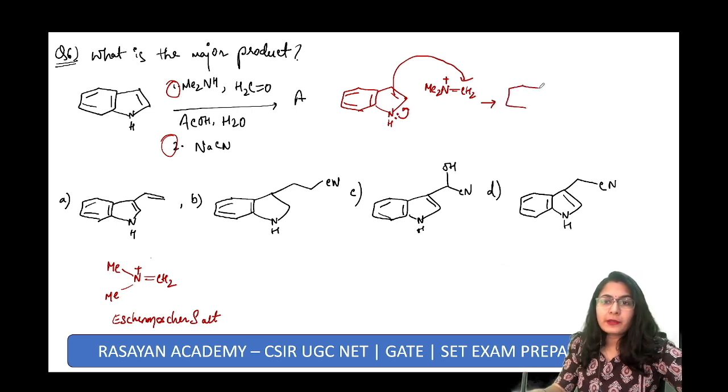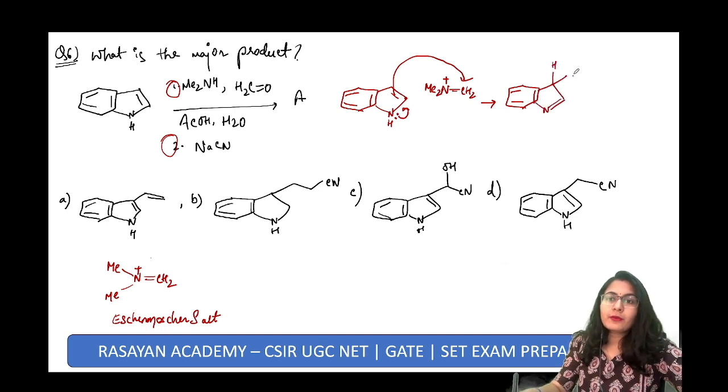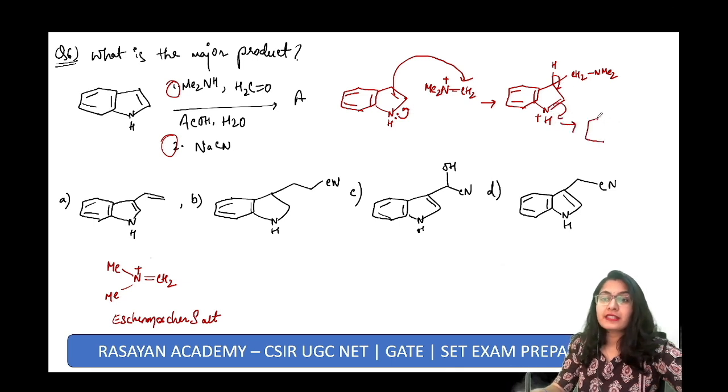So without disturbing benzene, it is only going to attack from third position like this. One proton, one CH2, NMe2 like this. Still positive on nitrogen, this is going to fall off and it regains aromaticity because this is an aromatic compound.